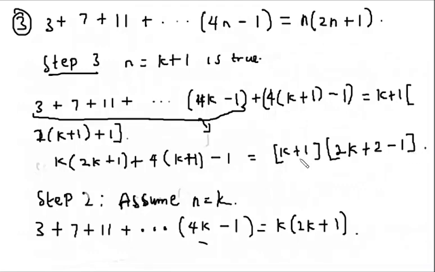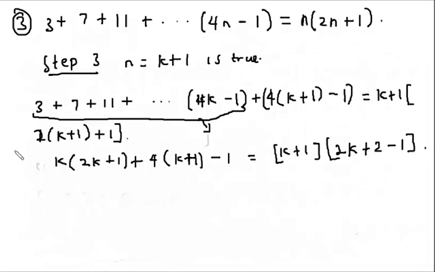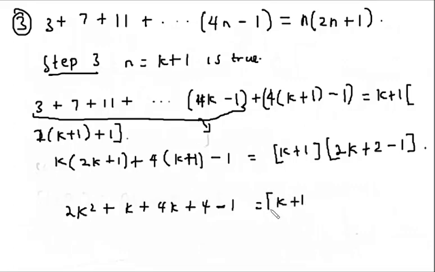Okay, so let's clean up space. If you simplify this further, you have 2k squared plus k, and then plus 4k plus 4 minus 1. And then this is equal to k plus 1, and then for this part you have 2k plus 1.